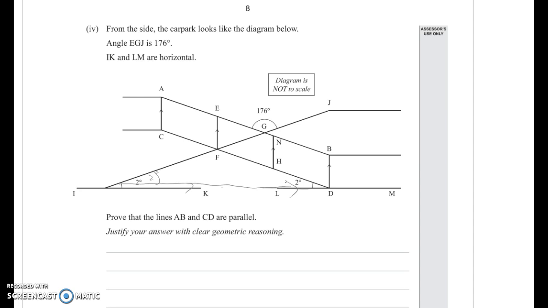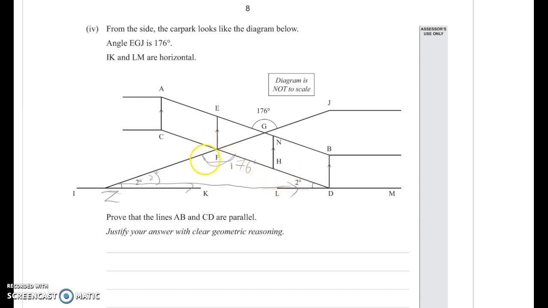So some triangle where LD meets this line over here, I'm going to put a Z over there because I haven't been given any other information about that. Where they meet, it's always going to be 2 degrees. So I know then that this angle here is also going to be 176, because sum of angles in a triangle would be 180 degrees.